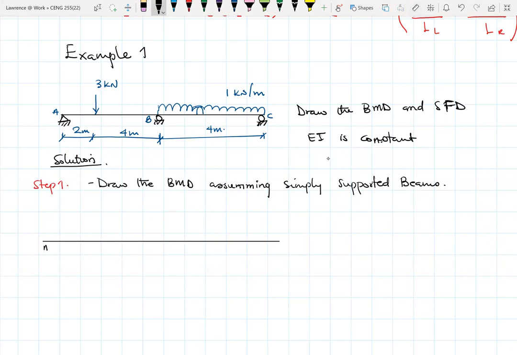So if this is A, B, and C, this becomes my bending moment diagram for AB. I'm assuming that AB is simply supported.